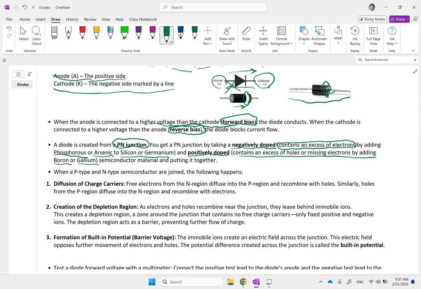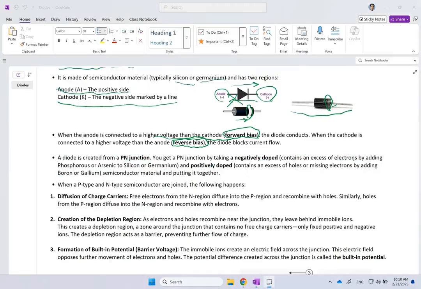So one side has more free electrons, and the other side has more holes, or lacking electrons. Then you attach these two negatively and positively doped segments together to make a PN junction diode. Now, when you put them together, what will happen?